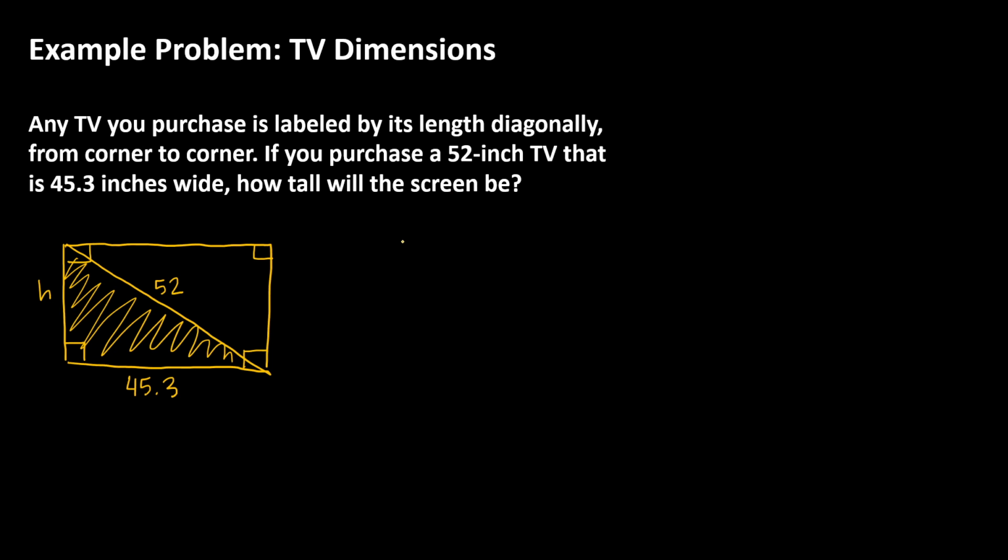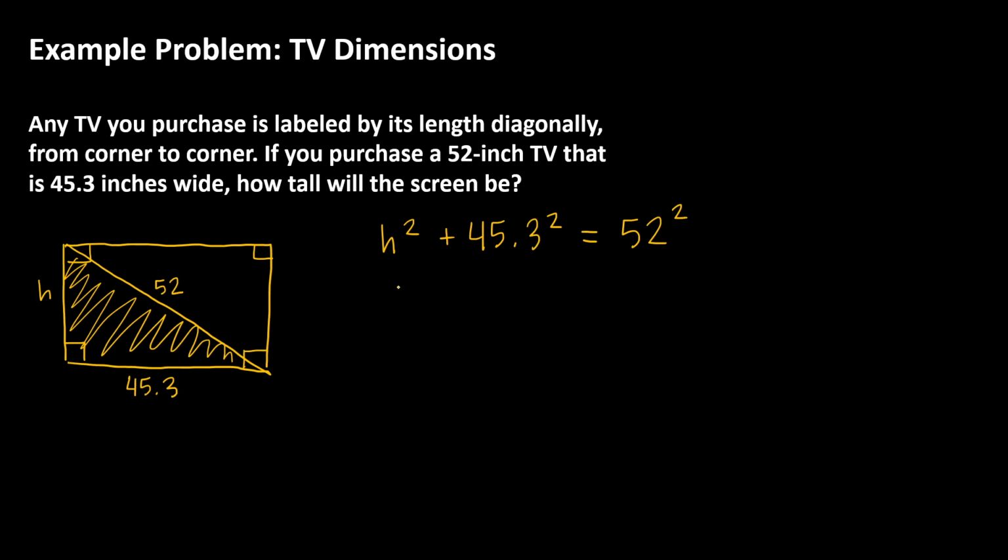I'm going to set up the theorem. So leg squared, so h squared, because h is one of my legs, plus 45.3 squared, the width is a leg as well, is equal to the hypotenuse squared. And the hypotenuse in this case is 52, and we are going to square that as well. So h squared plus 45.3 squared equals 52 squared.